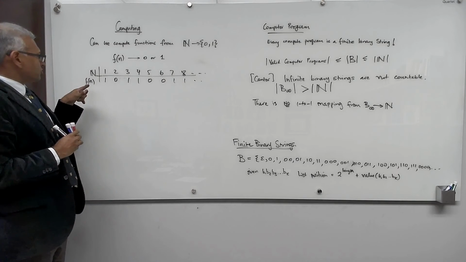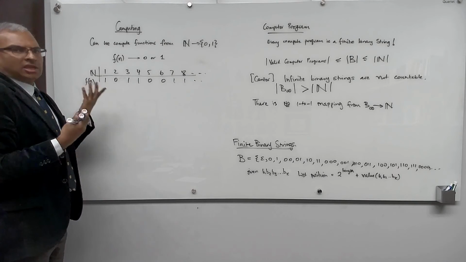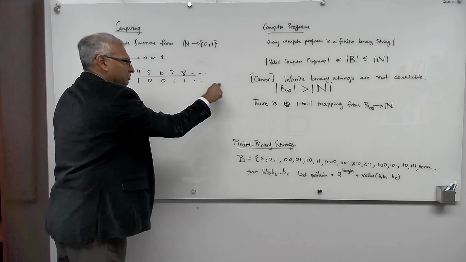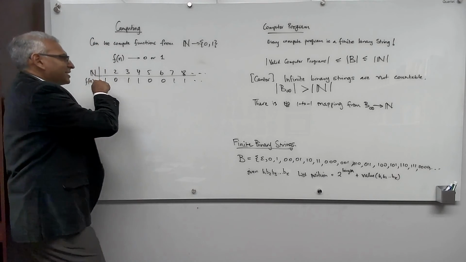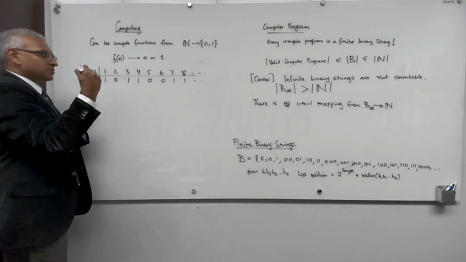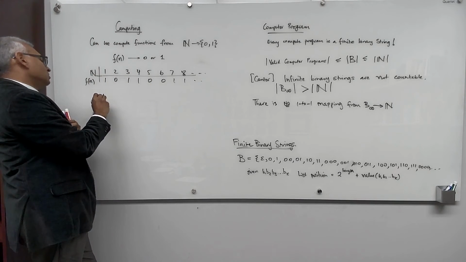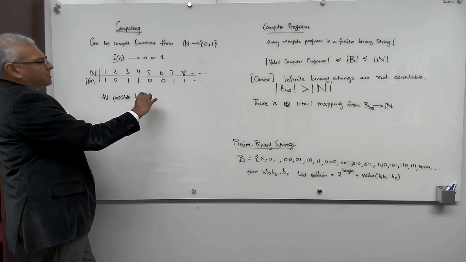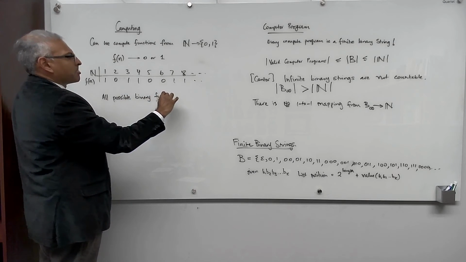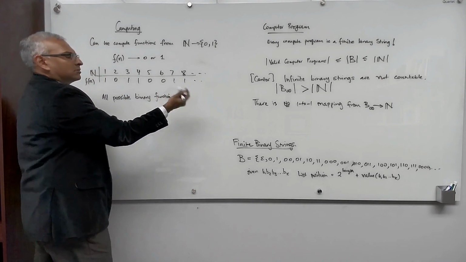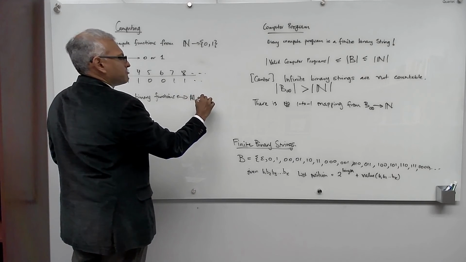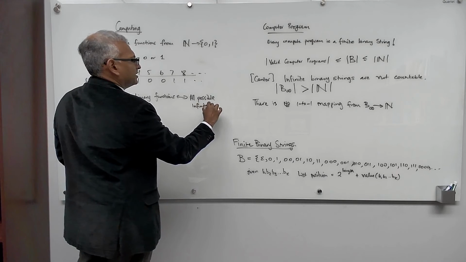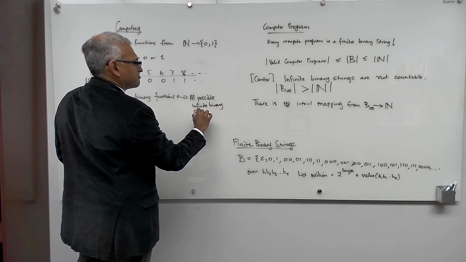So in order to specify a binary function, I need to tell you what it evaluates to for all the natural numbers. In other words, I need to tell you an infinite binary string. So all possible binary functions correspond to all possible infinite binary strings.